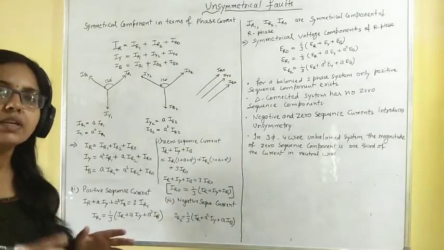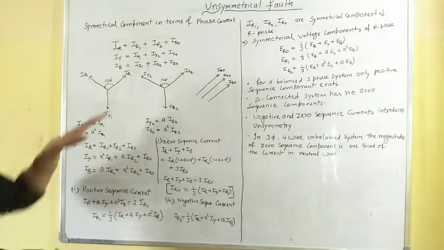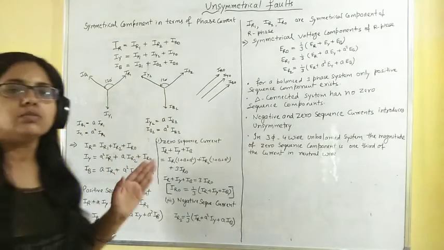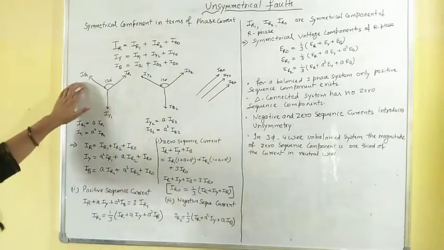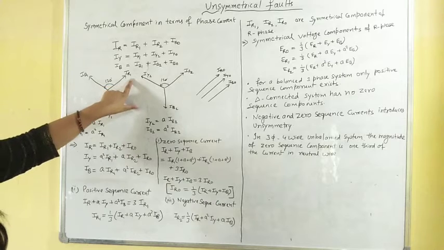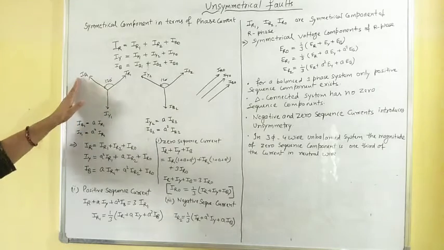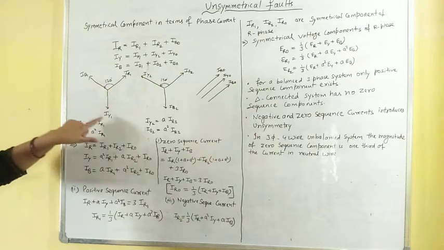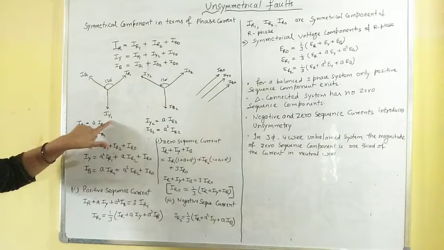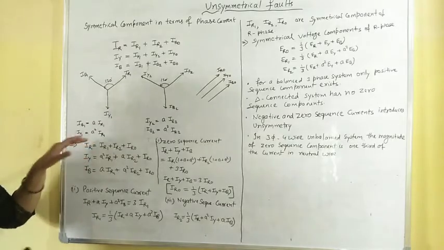Operator A is basically a multiplication factor which rotates the vector by 120 degrees anti-clockwise. So when we multiply operator A with IR1, we get this vector IB1. So we can write IB1 as A IR1. Similarly, IY1 can be written as A square IR1.